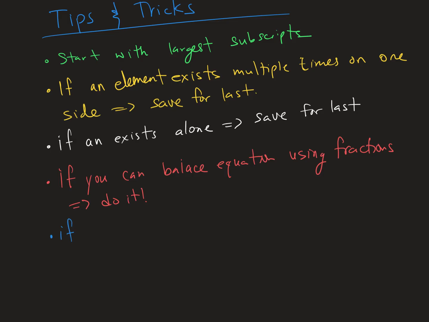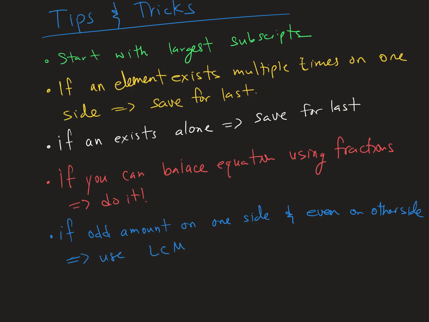If there is an odd amount of one atom or element on one side and even on the other side, then we use least common multiple.